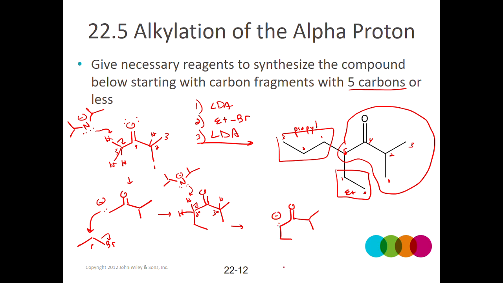So I make the other enolate, and then in a 4th step, I want to add the propyl group. So I would add propyl with the leaving group, like propyl bromide. That would attack the propyl group, push out the bromide, and give the product.